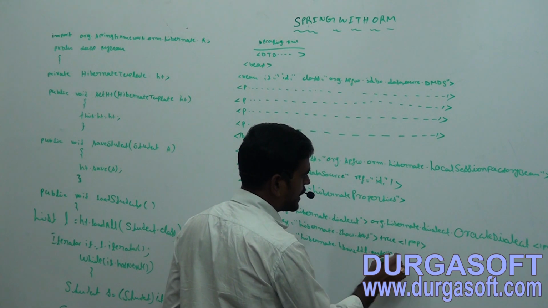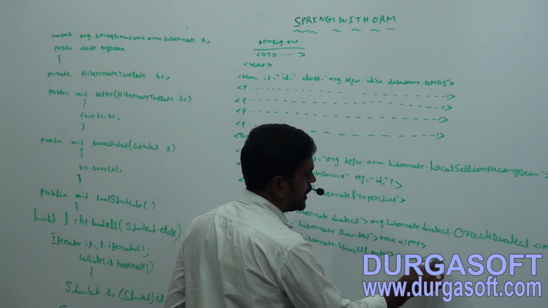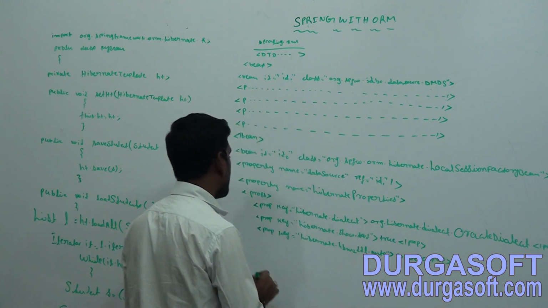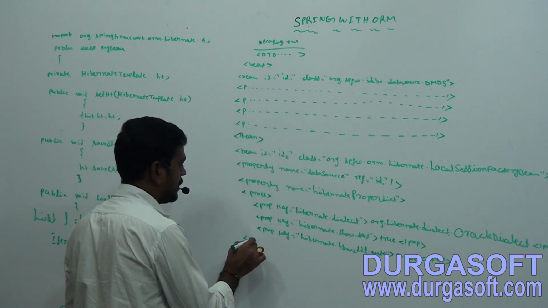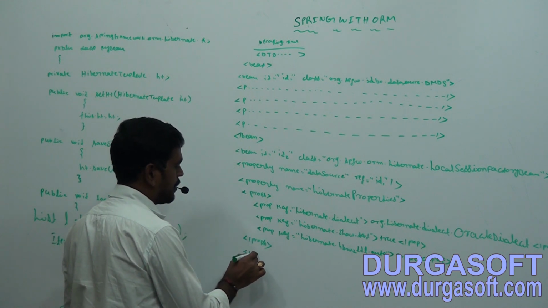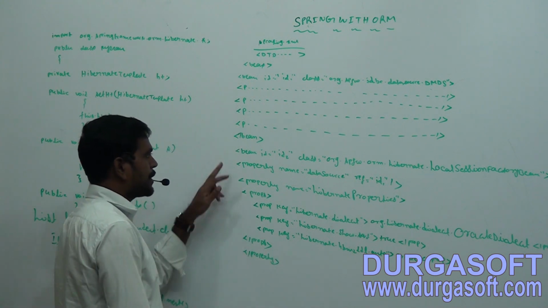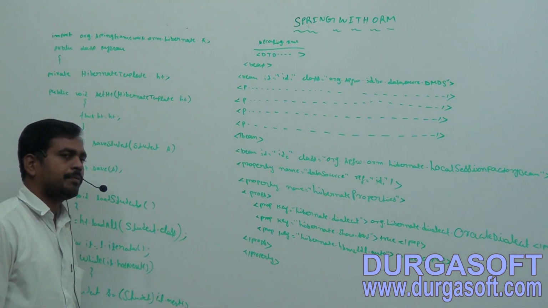We can pass here create, close the prop, then automatically database tables are also going to be created. Then close the props, then close the property. First property, second property is completed.